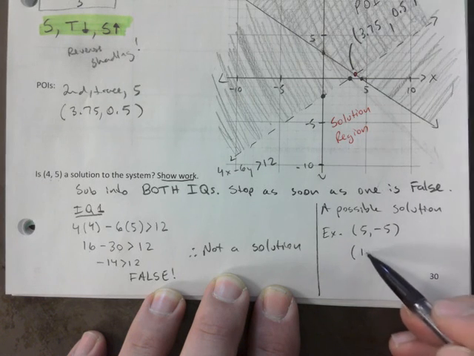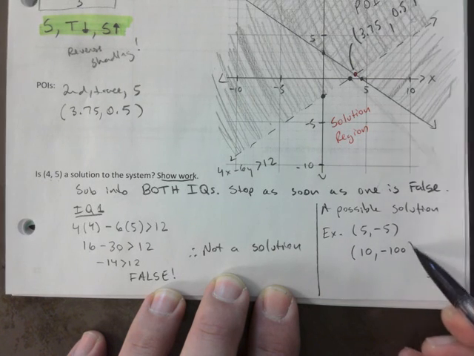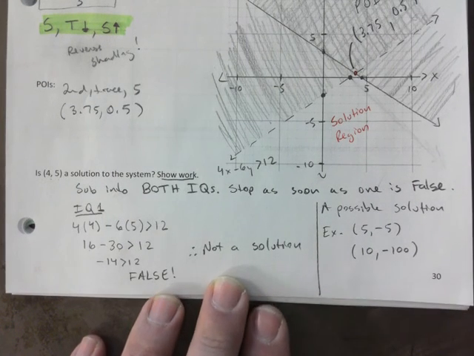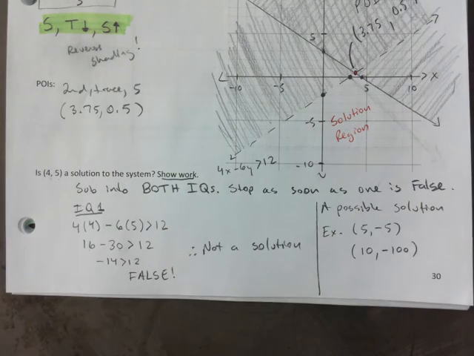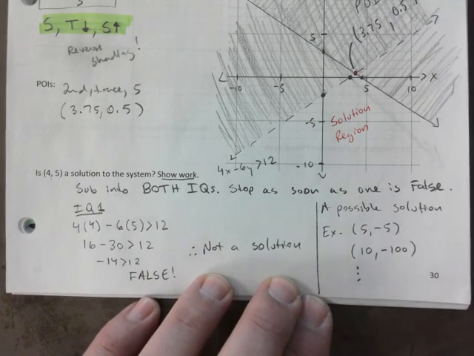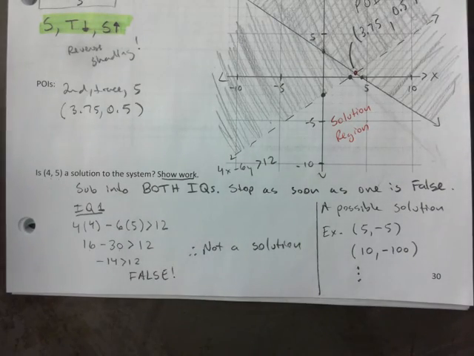You could have done (10, -100). (10, -100) is way down there somewhere, but you know it's going to be in the non-shaded region. And there's more examples that you could have picked.